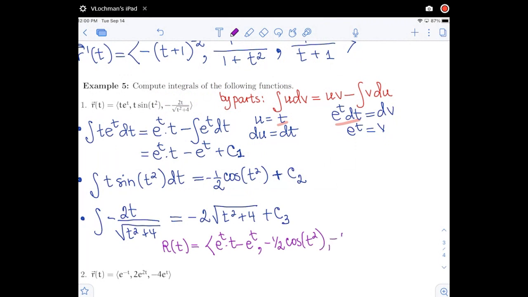And then the last component is negative 2 square root of t squared plus 4. And then I'm going to add that vector C, my constant vector C, which is the vector C1, C2, C3. Now you could put those constants inside the components. That's fine too, whichever way you prefer. But just like with integration of regular functions, we do not forget about the constant.